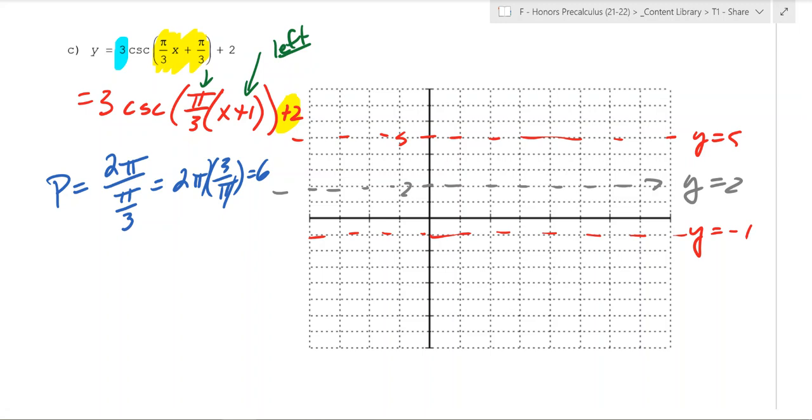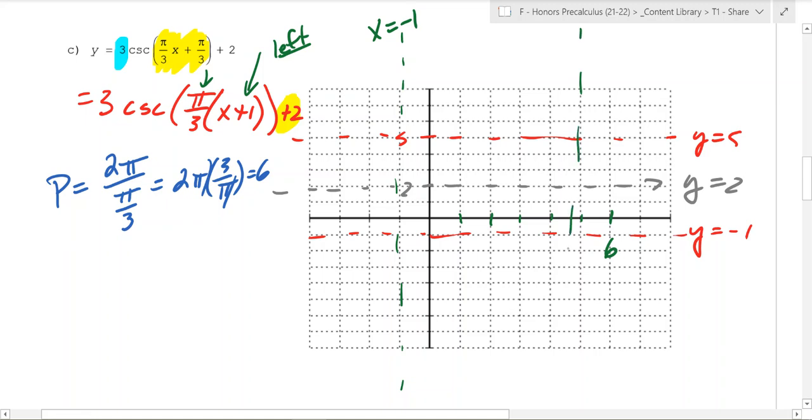So if you remember your cosecant graph, there's usually a vertical asymptote at x equals 0. So now, if we make this 6, 1, 2, 3, 4, 5, 6 right here, it means that the vertical asymptote is going to be x equals -1 instead of 0. And it's going to be, oh, that's not a very good vertical line here, x equals 5. Here, the vertical asymptote is usually at 0 and 6 in the period.